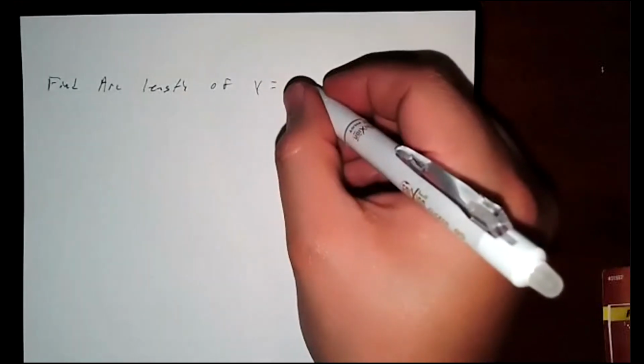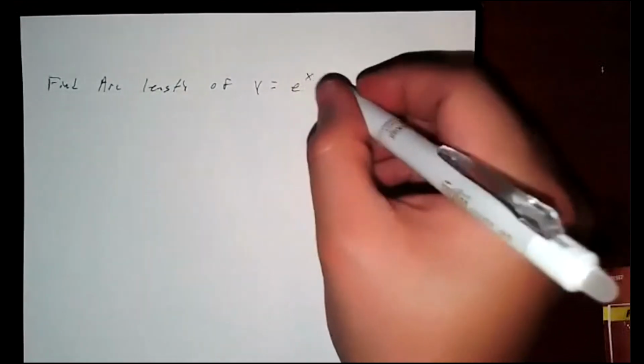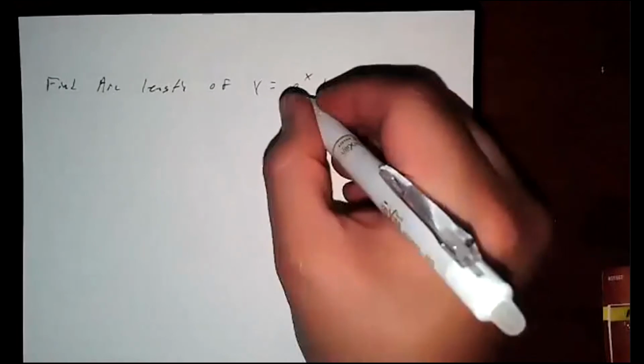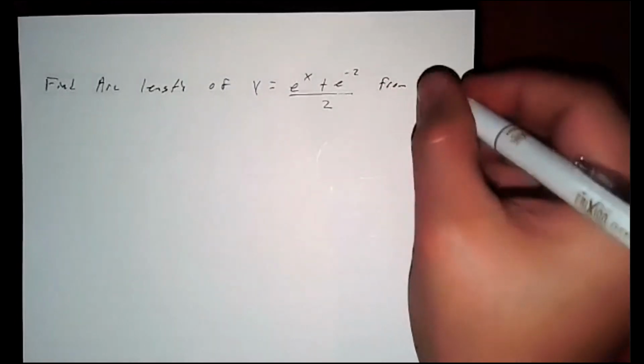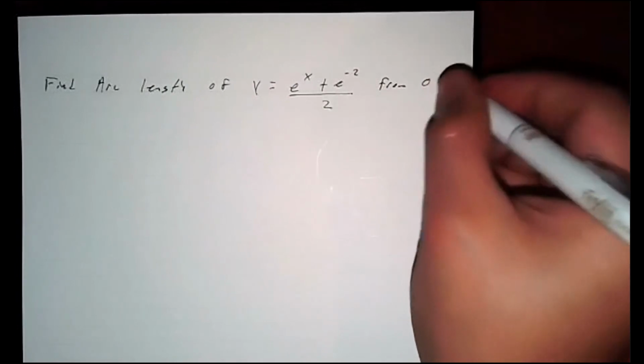So find the arc length of y equal to e to the x plus e to the negative x over 2, right? From 0 to 2.